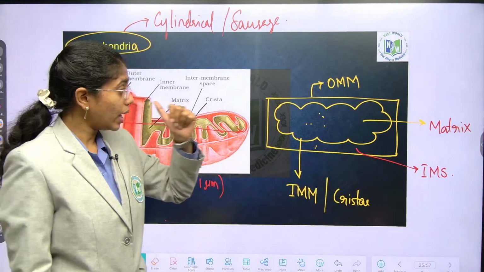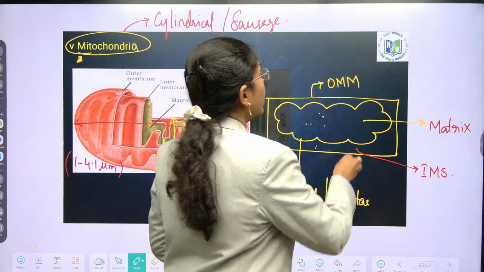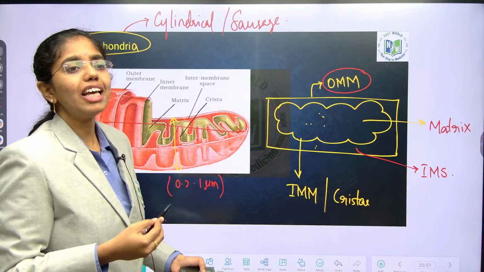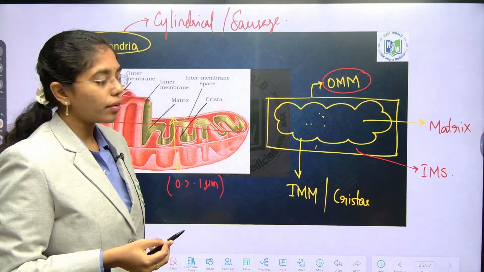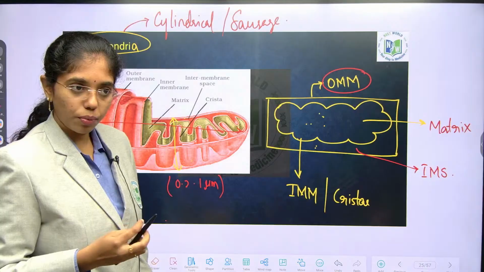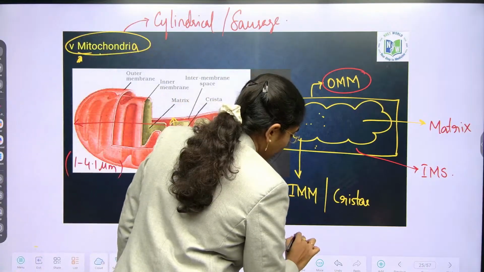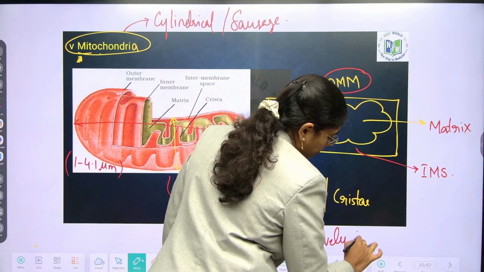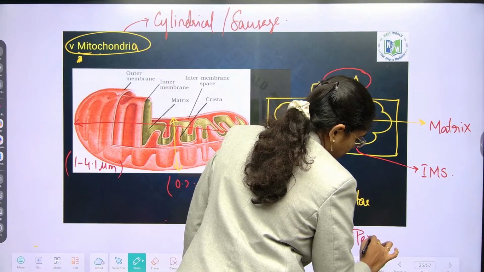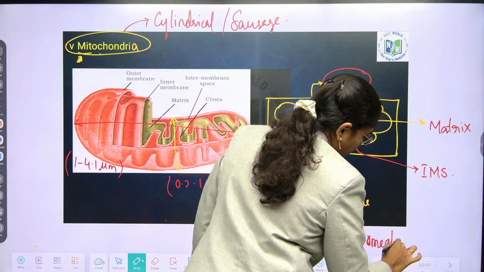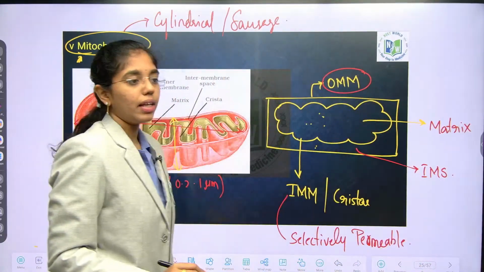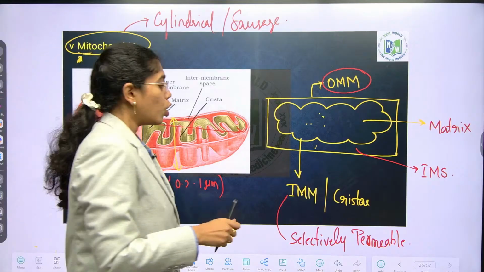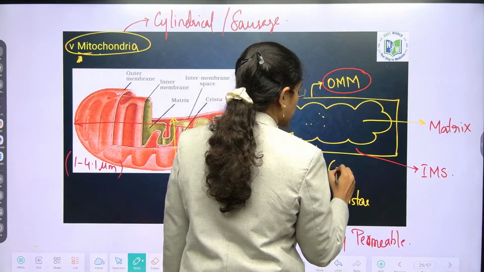Here the outer mitochondrial membrane consists of lipids, proteins, and it is freely permeable. The inner mitochondrial membrane also consists of lipids and proteins, but it is selectively permeable, and it consists of special types of lipids known as cardiolipins.